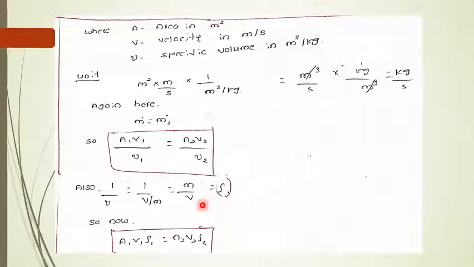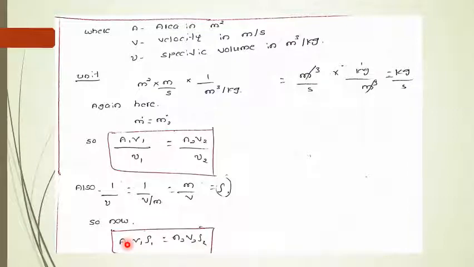Substituting, it becomes A1 into V1 into rho 1, which equals A2 V2 into rho 2.